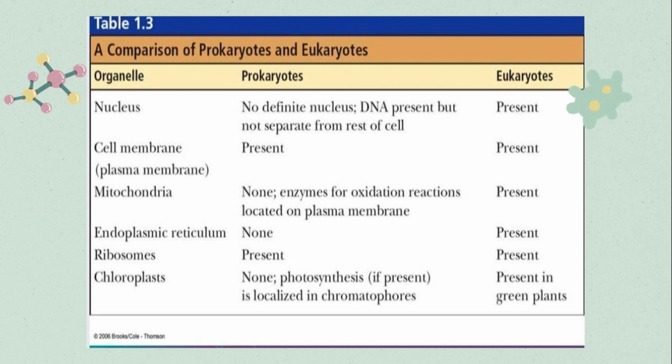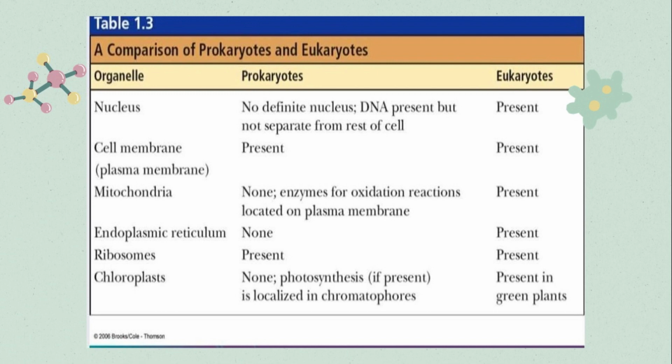In the organelle cell membrane, eukaryotes and prokaryotes both have a cell membrane. In mitochondria, the prokaryotes have no mitochondria, with enzymes for oxidation reactions located on the plasma membrane, while in the eukaryotes it is present. In the endoplasmic reticulum, there is none in the prokaryotes but present in eukaryotes.